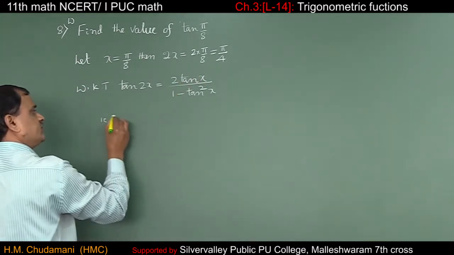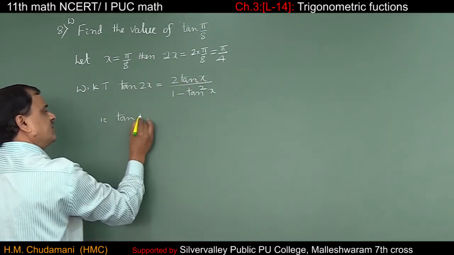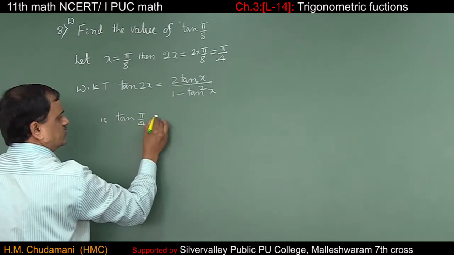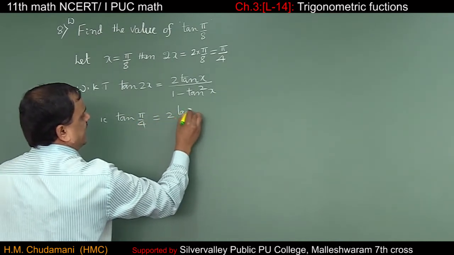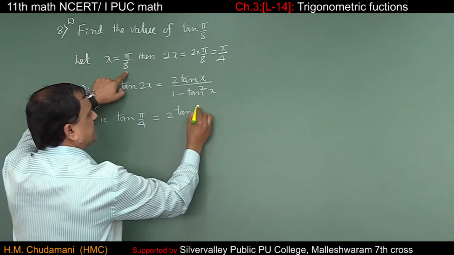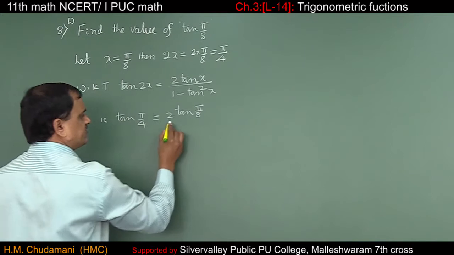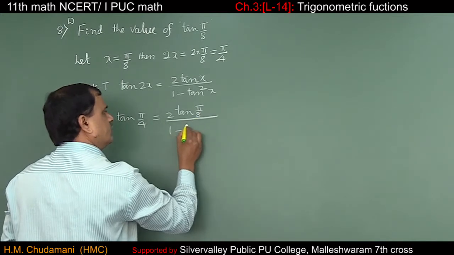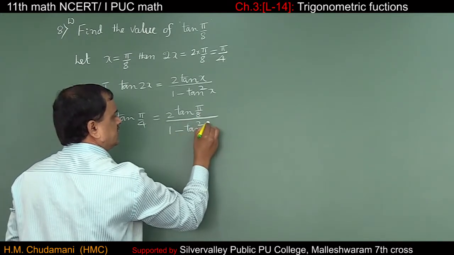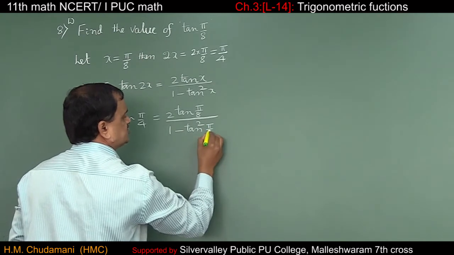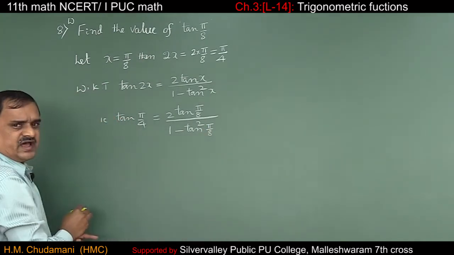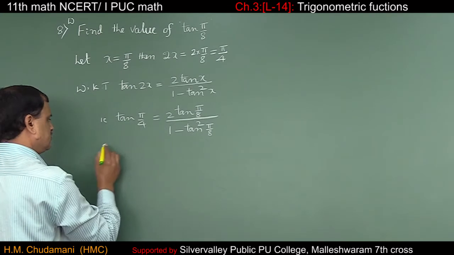So tan pi by 4 is equal to 2 tan x, means pi by 8, 2x means pi by 4, divided by 1 minus tan square pi by 8. We know that the tan pi by 4 is 1, you know.